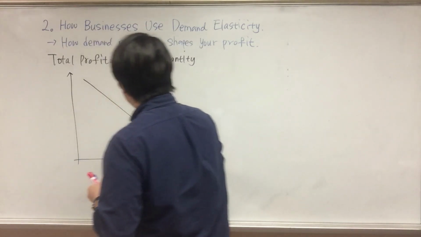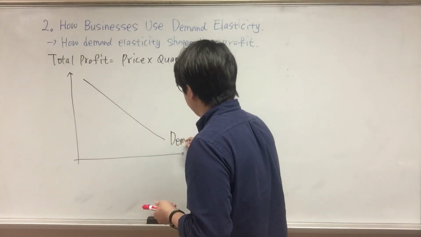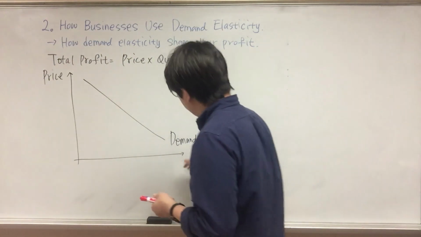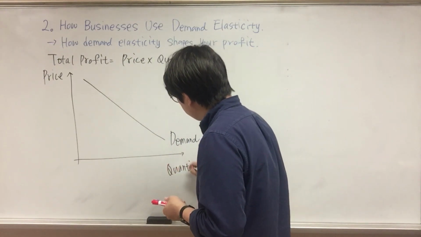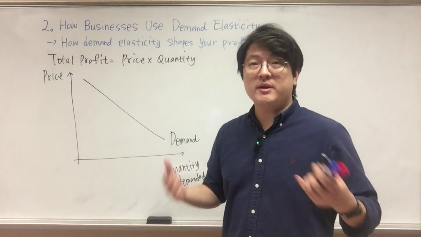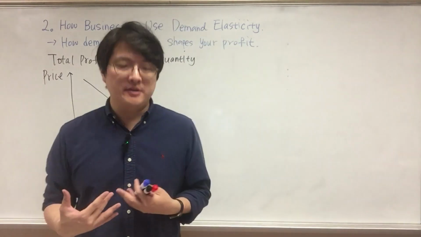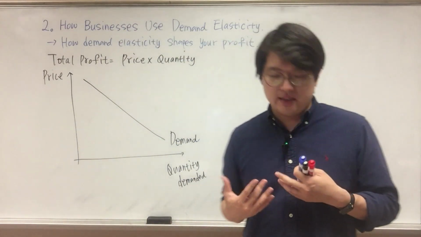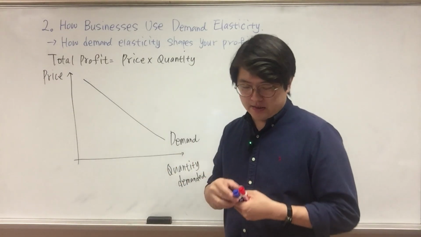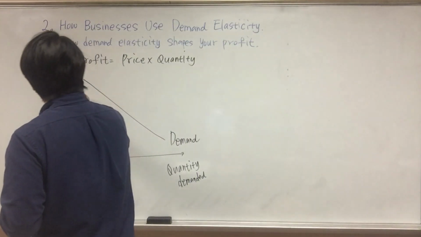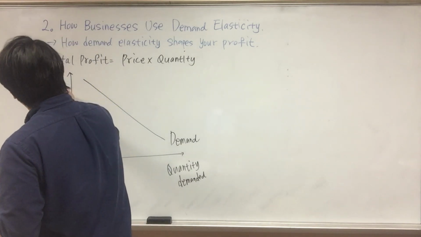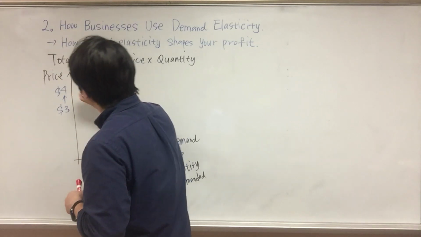Here, we have the demand curve, which is downward sloping. The y-axis is price, and the x-axis is quantity demanded. If the price goes from $3 to $4, at the same time the quantity demanded goes down from 100 to 80. So $3 goes to $4, right?